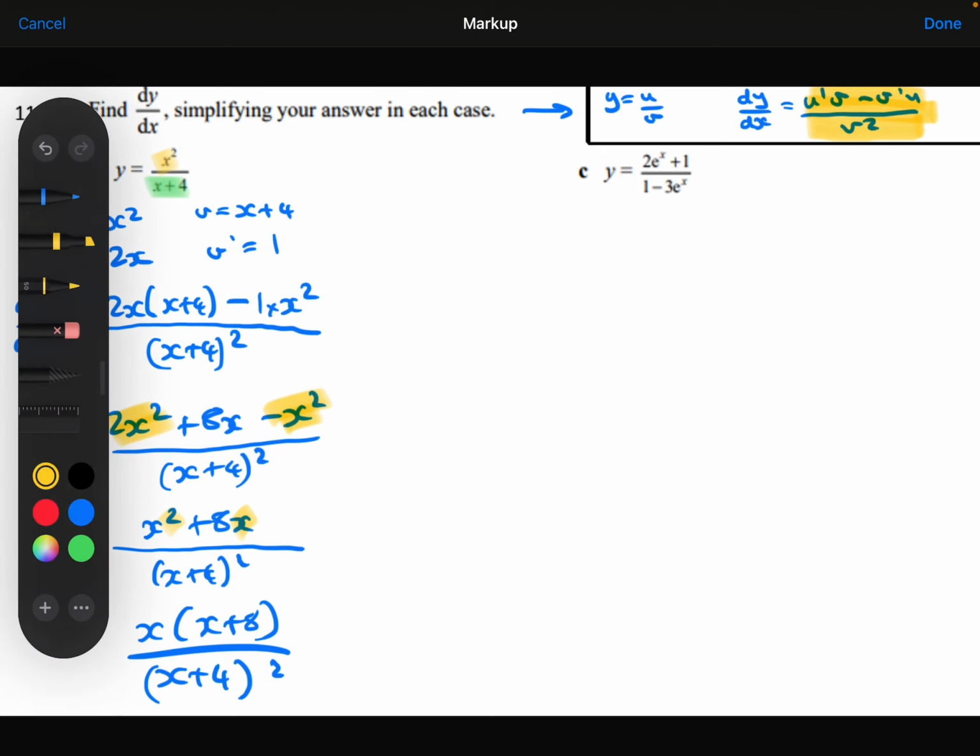Right, next example. The 2e to the power x plus 1, that's going to be my u function. And the 1 minus 3e to the power x, that's going to be my v function.